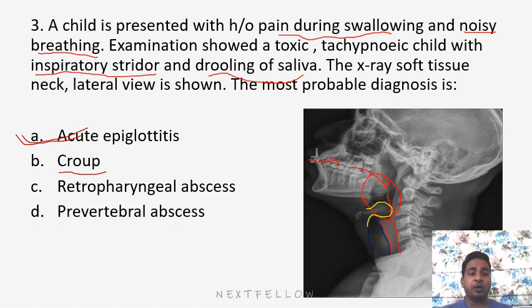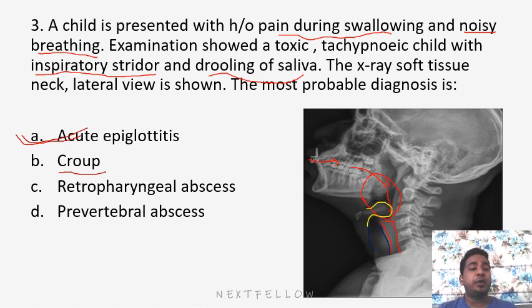If we auscultate at the level of the bronchus, we can hear wheezing sounds. And the patient will not have any pain during swallowing, because the food can directly enter the esophagus without going into the airway, as the inflammation is below the level of the hypopharynx. So croup will not be the correct answer.